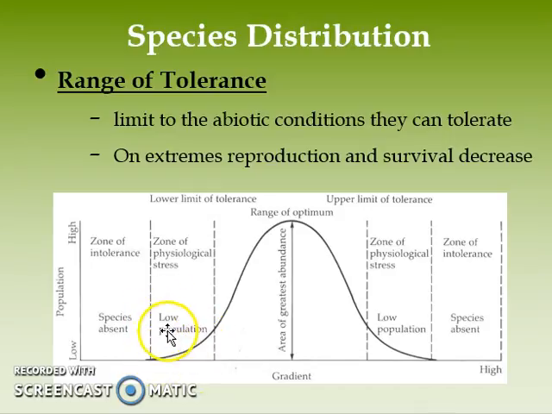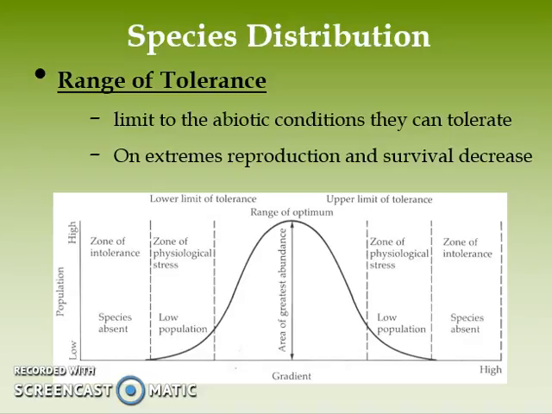They're considered to be under physiological stress, which means they're going to grow, they're going to survive, but they're probably not going to reproduce. They just aren't healthy enough to reproduce. And then when you get even further, you get into the zone of intolerance, and usually then the species is absent. If a species ended up in that area and could not leave, it probably would die over time. It would literally not be able to grow and reproduce and eventually die out.